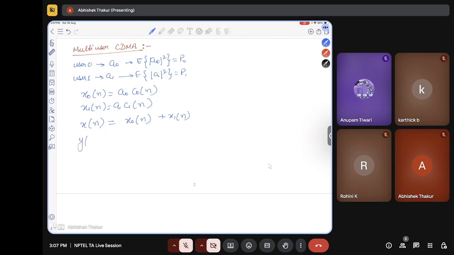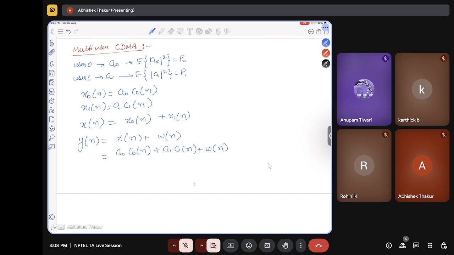The received symbol Y[n] at the user will be X[n] plus W[n], where W[n] is the noise. So Y[n] is A0 C0[n] plus A1 C1[n] plus W[n].